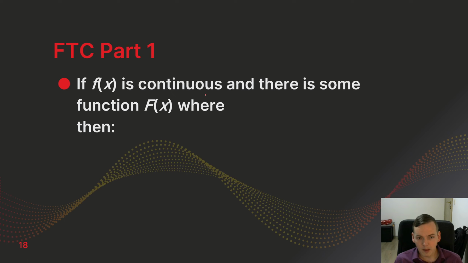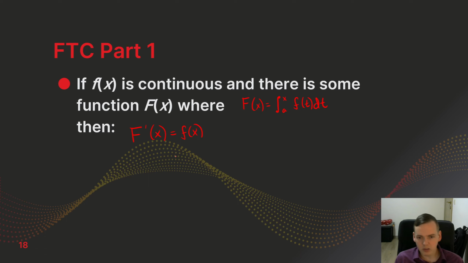Part one: if f of x is continuous, and there is some function big F of x where the following is true, where big F of x is equal to the integral from a to x of little f of t dt, then, and this is the fundamental theorem, the derivative of big F of x is equal to little f of x.